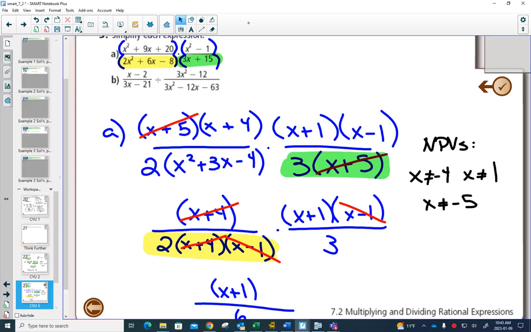So I will be very clear if I want you to list the non-permissible values. The answer key in the textbook is doing it. It's good practice to think about it all the way through, so when you do the questions for homework, the answer key has the non-permissible values listed. You might want to try to do that as well, but I'll be very clear on quizzes and tests when I want you to do that.